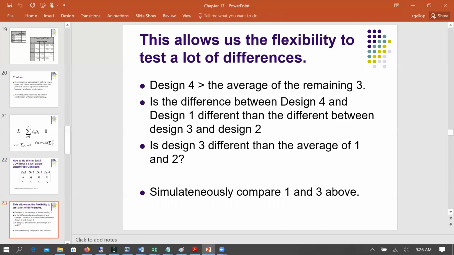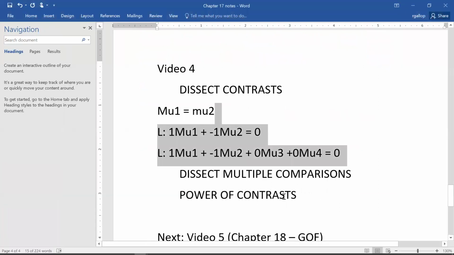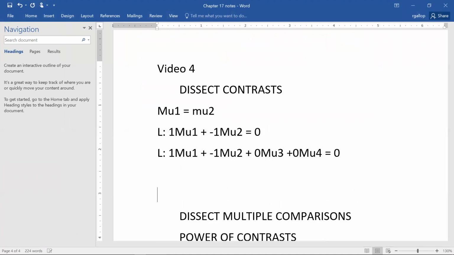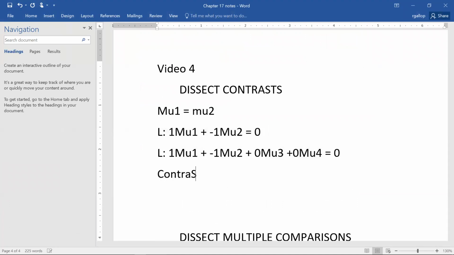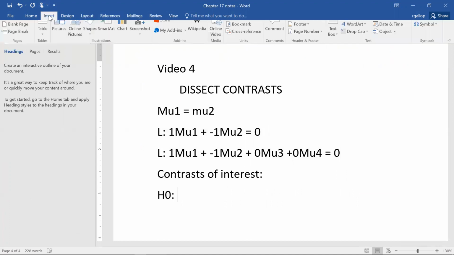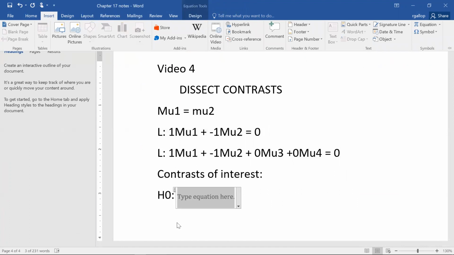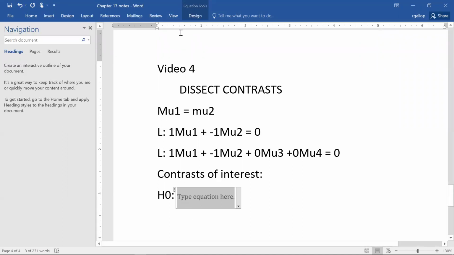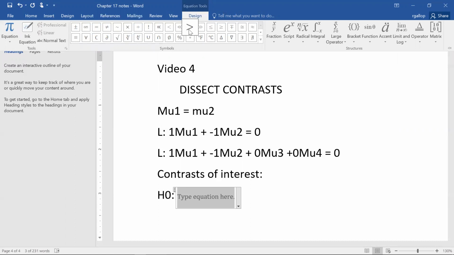And if we think about this, okay, now if we go back here, we call this our contrast of interest. For this one, I'm going to write the null this way. Let's go ahead and insert an equation. Let me go real quick here, design.